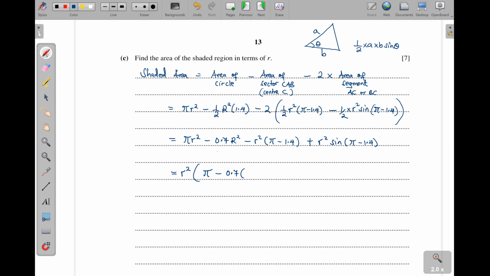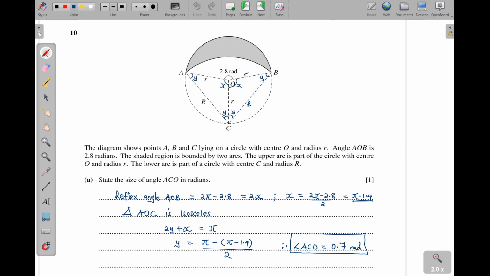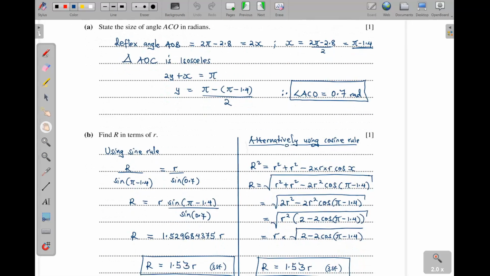Remember, this one is 0.7, then 1.53 r. Okay, then we shall square it. Actually, this one was having very many digits. Let me just leave them there as they were.